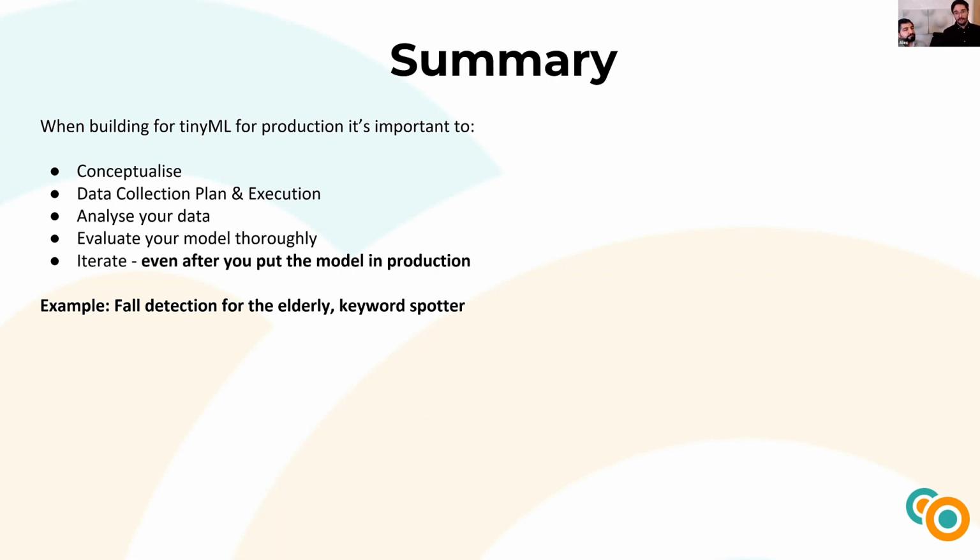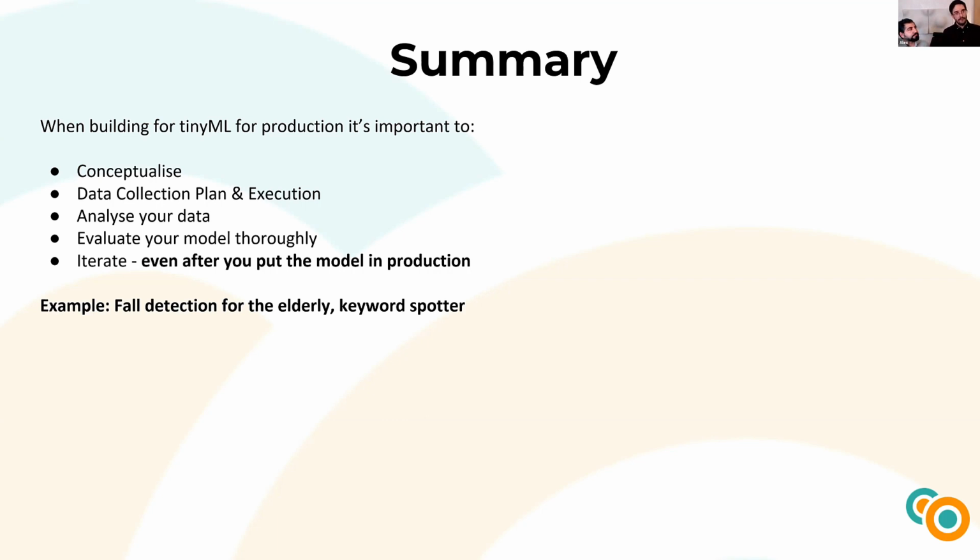Then you should take that and analyze it in the platform to understand your data and to annotate it correctly, hopefully with some metadata so that you can understand that you've labeled it correctly.